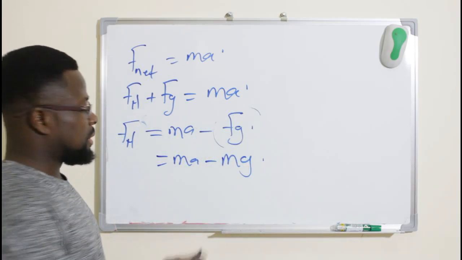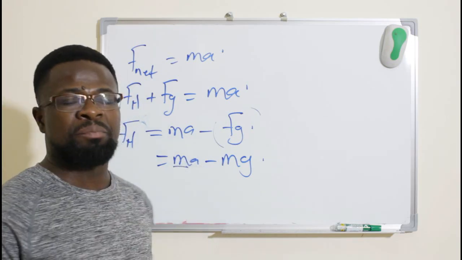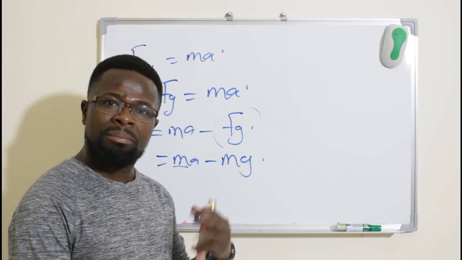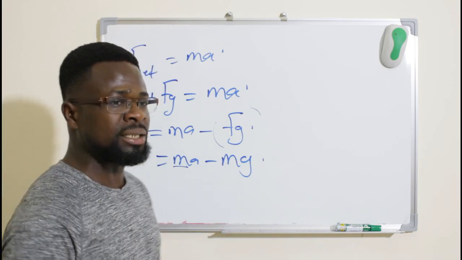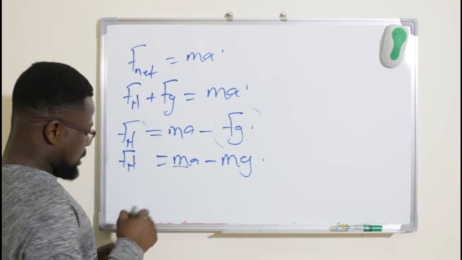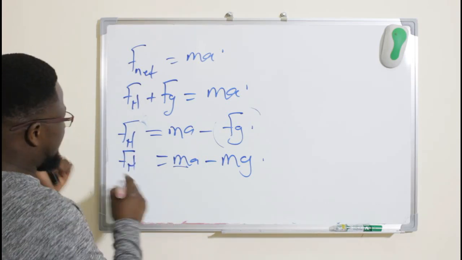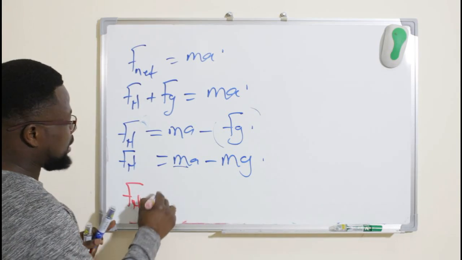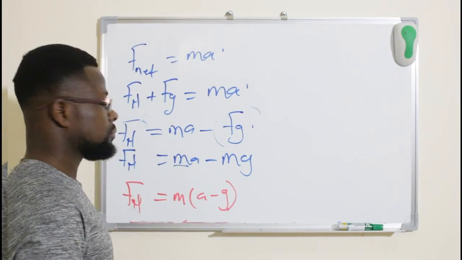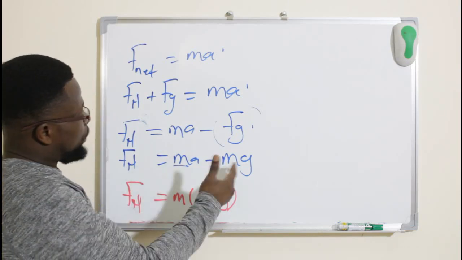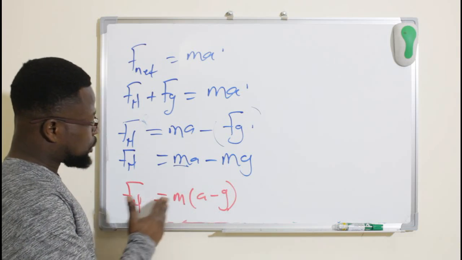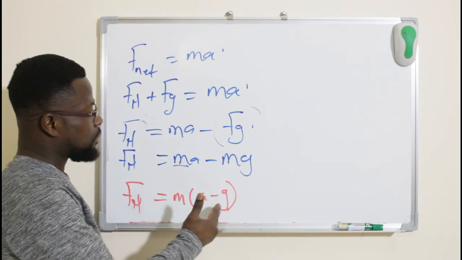And remember, the mass remains the same. The person is the same person inside the elevator, so the mass does not change. The mass is common, so I can simply work it out and say that my Fn is now equal to m times A minus G. As I said earlier, the mass is common to both sides, so we factor out the mass, and now we have this.